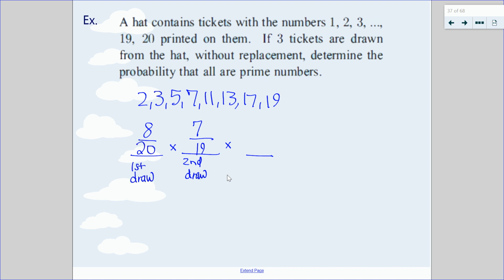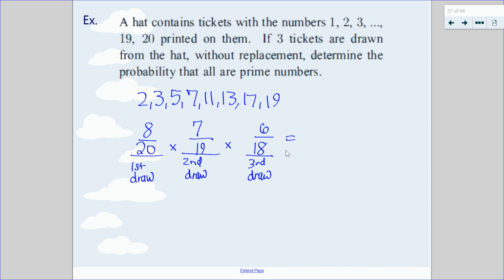You have 7 primes left out of 19 tickets. And then you have 6 primes left out of 18 tickets for your third draw. So every time the number of prime numbers goes down because you took one away, another away, and then you have 20 tickets, then 19 tickets, then 18 tickets. Every time it goes down by 1.